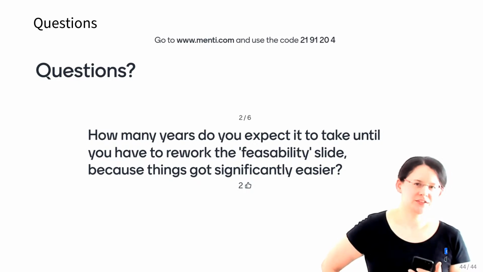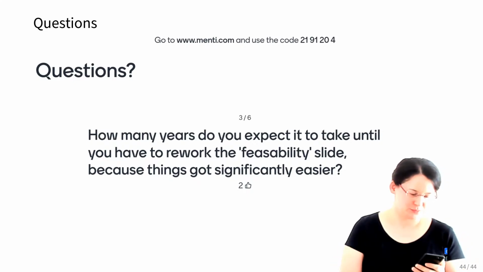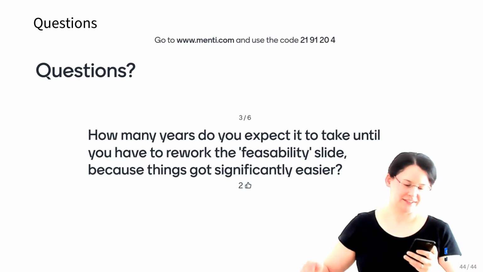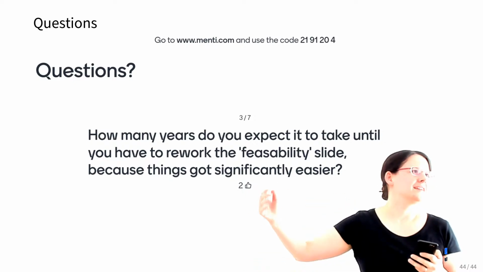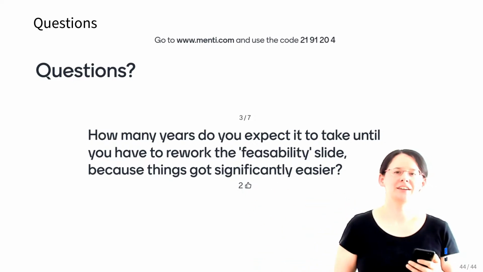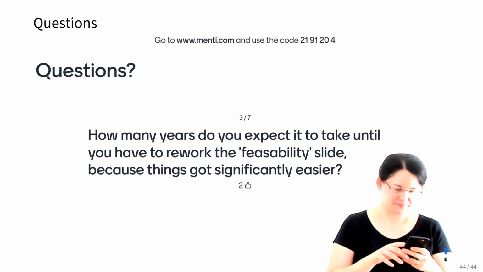However, Moore's law is not going to be with us forever. So this will slow down at some point. I guess that I will probably make an update to that in 10 or 15 years or so, but certainly not in the next 3 years, I expect.